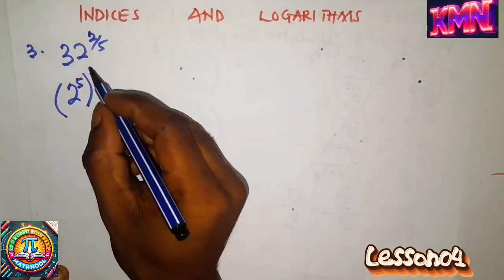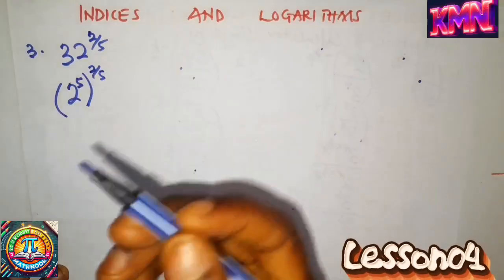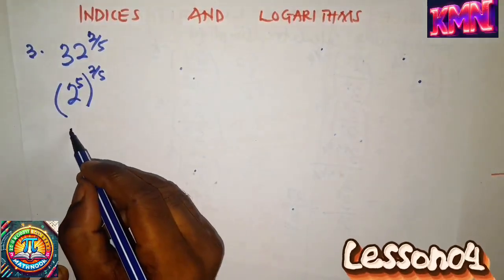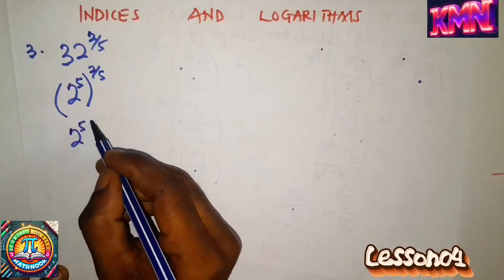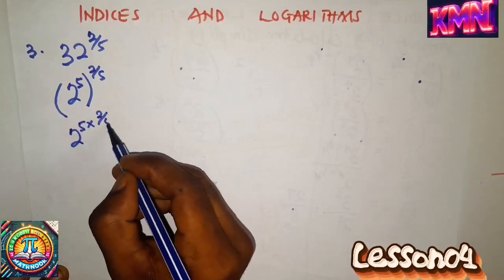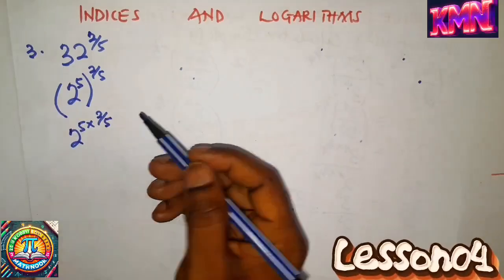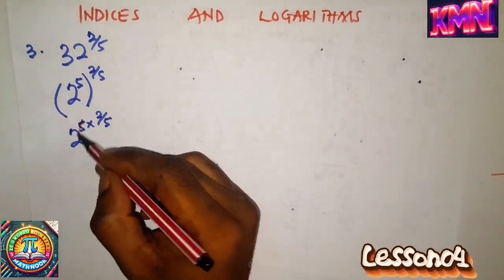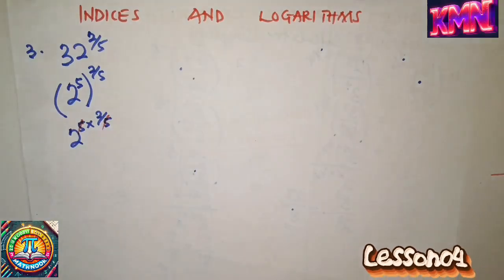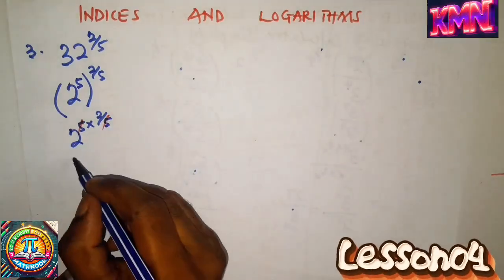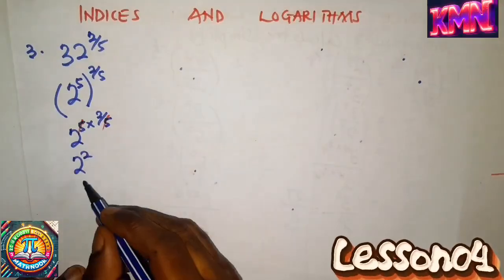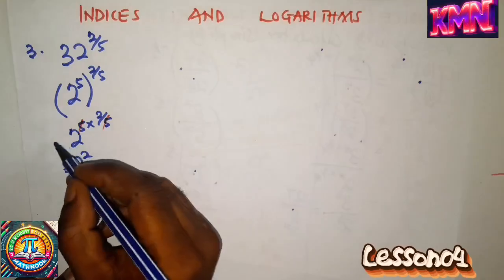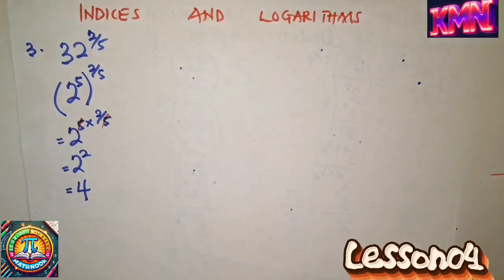Note that you have this, so that will be 2 out of 5. This has no negative, so you can easily apply this straightforward, and that will give us 2 exponent 5 multiplying 2 out of 5. And of course, as usual, we are going to cancel. This will cancel that, and then that will give us 2 exponent 2, and finally that will give us what? 4 as our answer. Very simple.